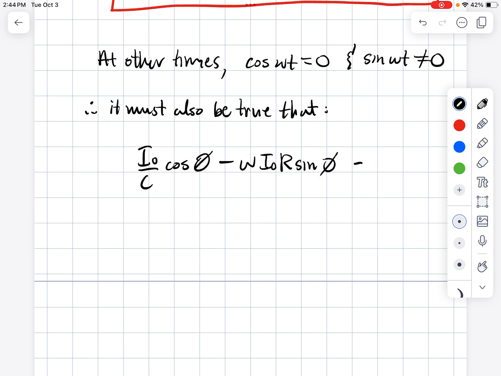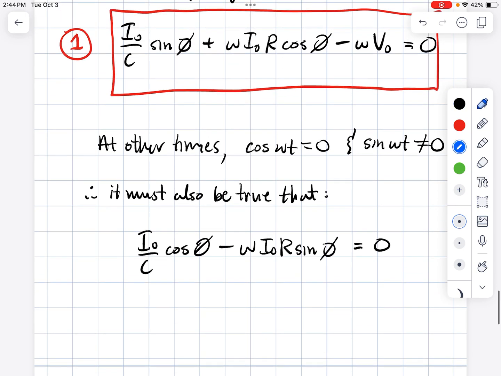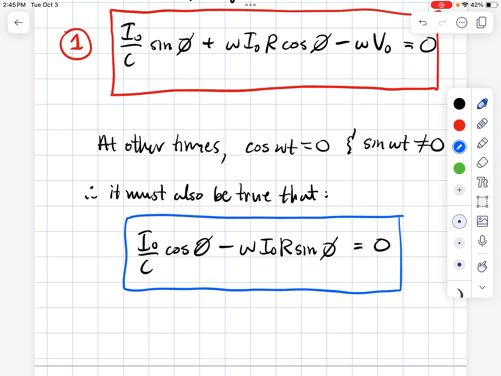And so that has to be 0 as well. And so we'll put this one in a blue box, and we'll say this is equation 2. In fact, equation 2 only has 2 terms. The I naught is a common factor, and so we can divide by I naught and replace it with a 1 in those 2 terms. And so we have 1 over c cos phi minus omega r sine phi is equal to 0.